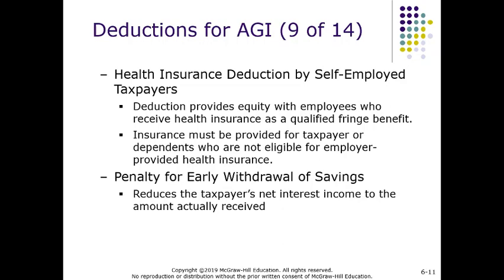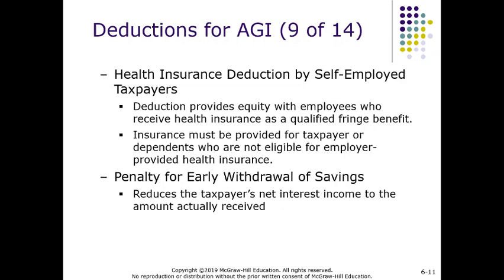Now here, in order to be able to deduct this, the self-employed taxpayer must not be provided, or eligible to be provided, any other employer-provided health insurance. And so let's say you have a self-employed taxpayer who has health insurance, but their spouse has insurance available through their company.